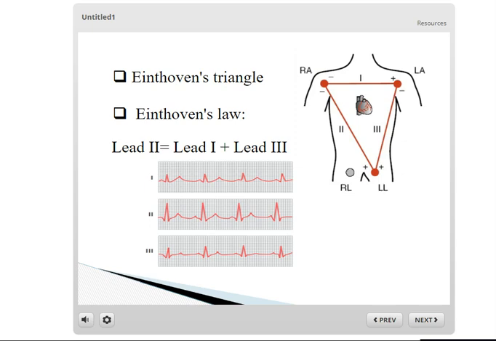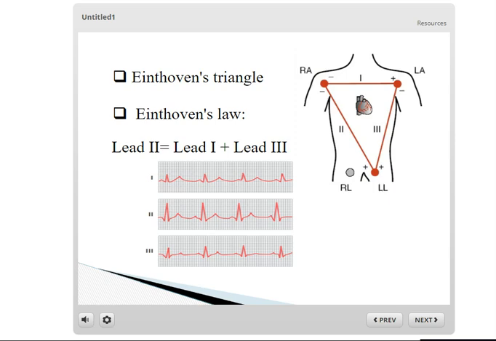Einthoven's law states that the potential difference between any two limb leads is equal to the sum of the potential difference between the other two limb leads. Lead 2 equals lead 1 plus lead 3.